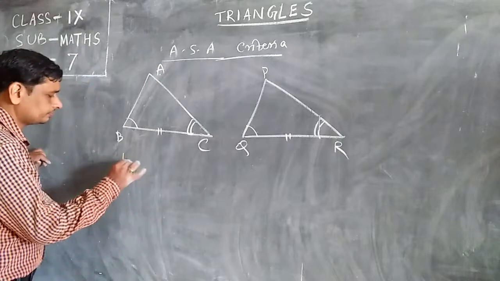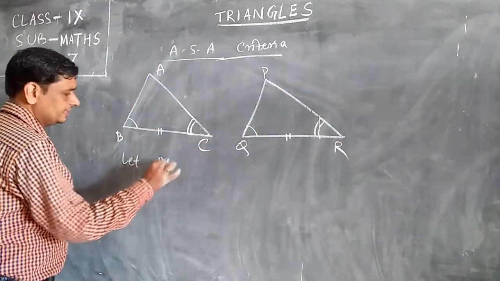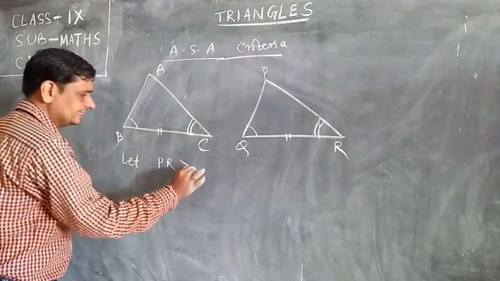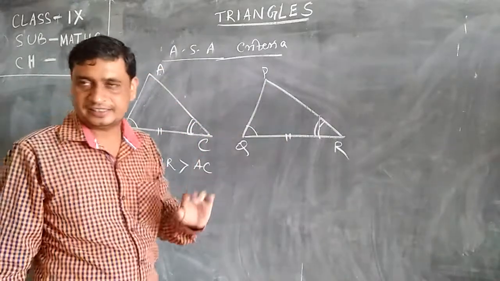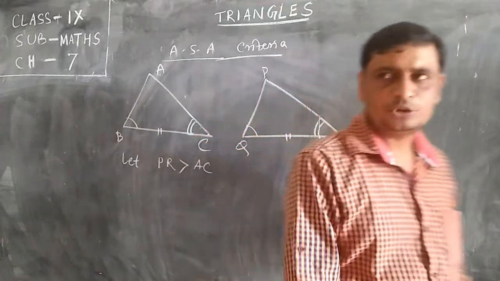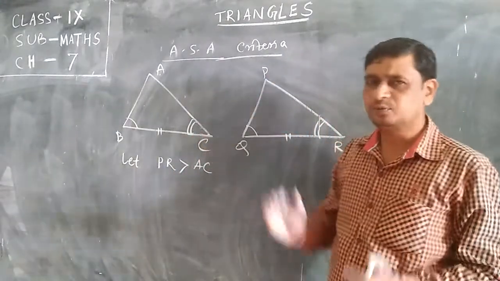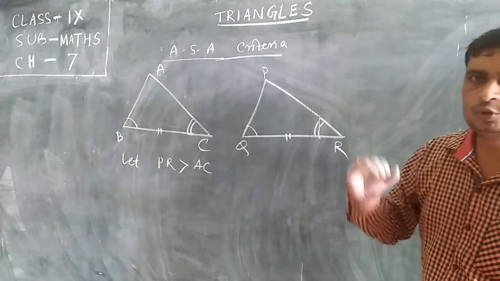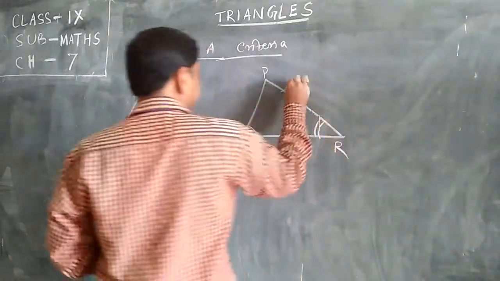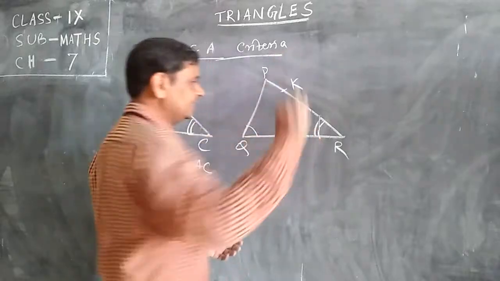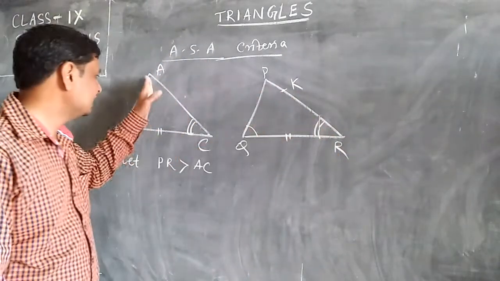Let PR be greater than AC. Then how do we make both triangles congruent? If PR is greater than AC, then we have to construct. We take a point K on PR in such a way that KR equals AC.